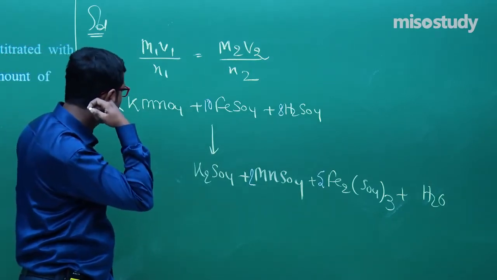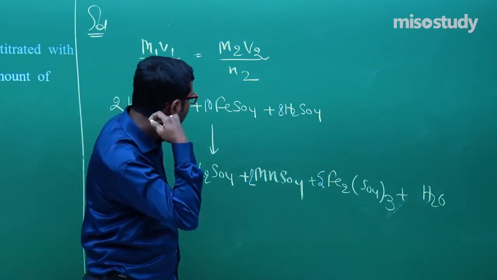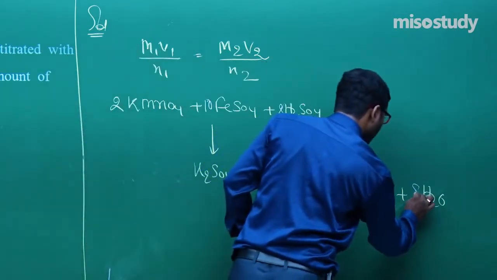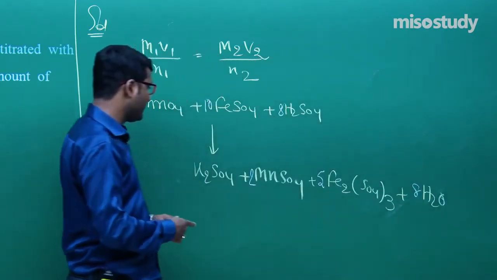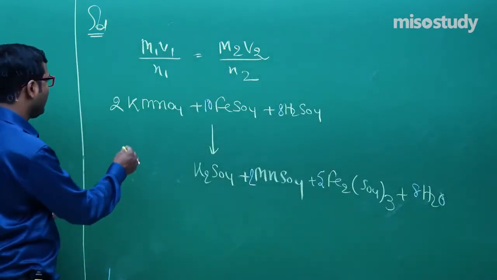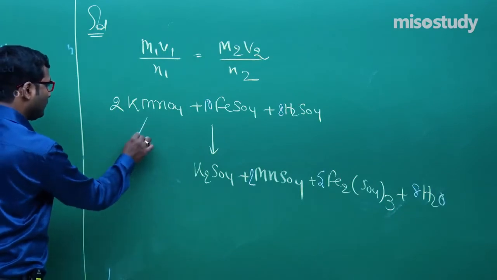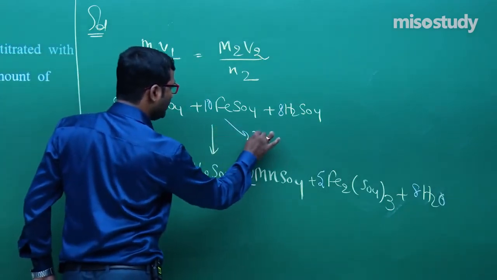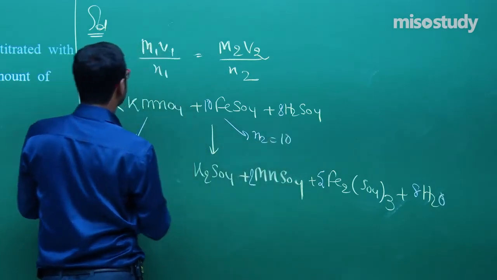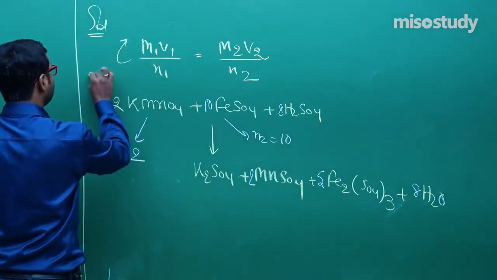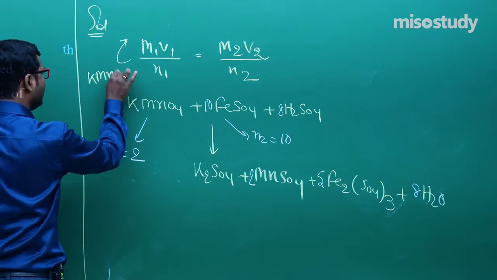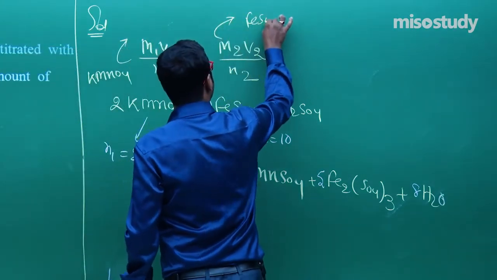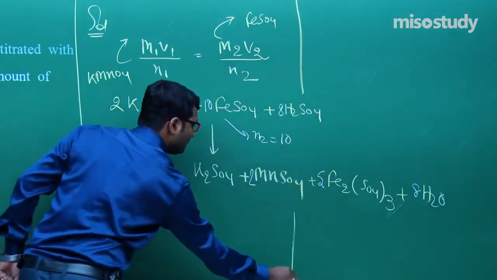Now put here 8 H2O. Now hydrogen is 16. Now it is completely balanced. This is the balanced reaction. Here we can say that N1 is equal to 2 and here N2 is equal to 10. This is for KMnO4. Yes sir. And this is for FeSO4. Clear to you?